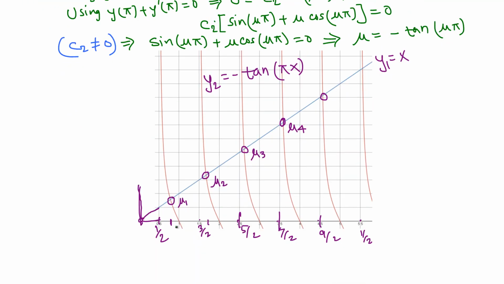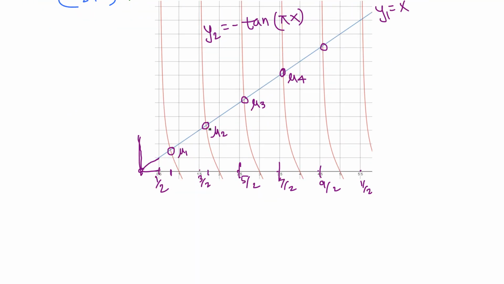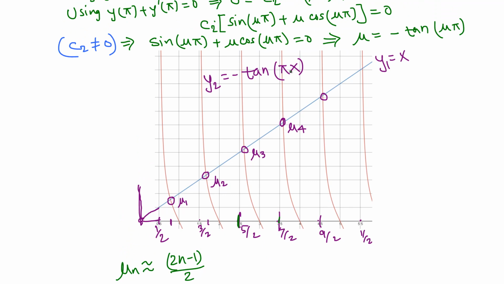You just find these using your calculator, but for large n we can see μn will be approximately equal to, like, μ3 is close to 5/2, μ4 is close to 7/2, so that is (2n-1)/2. We don't have π here because the graph is tangent of πx.